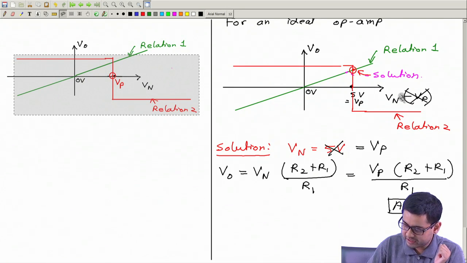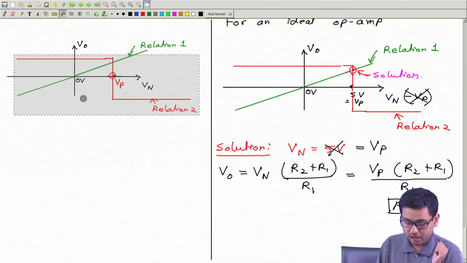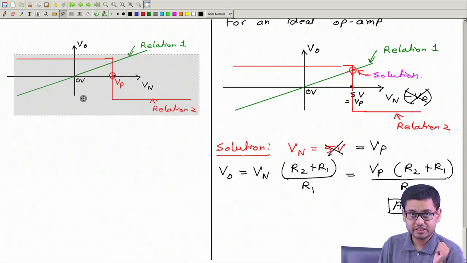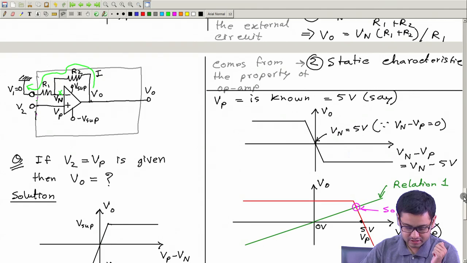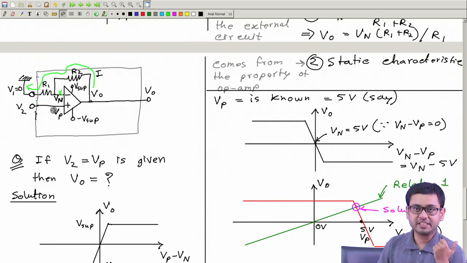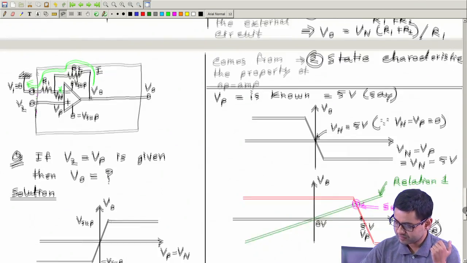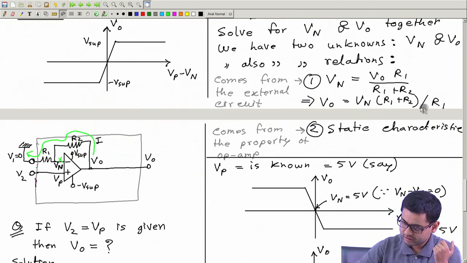I have just copied this diagram once again here, and now I want to show what happens if you change the input. What is the input? The input is this value, which is Vp. So if you change the input, what will change? This second relation will not change because it doesn't depend on Vp at all.